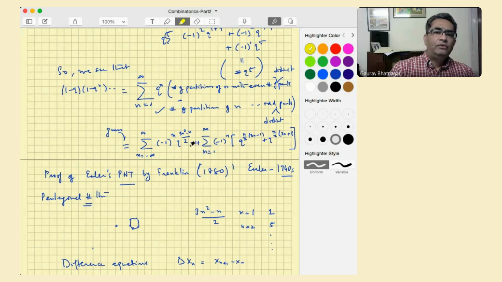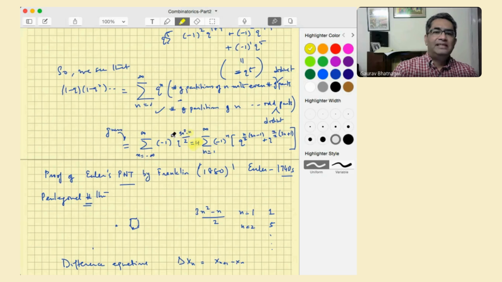So at n equal to 0, you have 1. And for n negative numbers, you replace n by minus n, and you will get plus n here. So when you are doing negative numbers, this will come up.